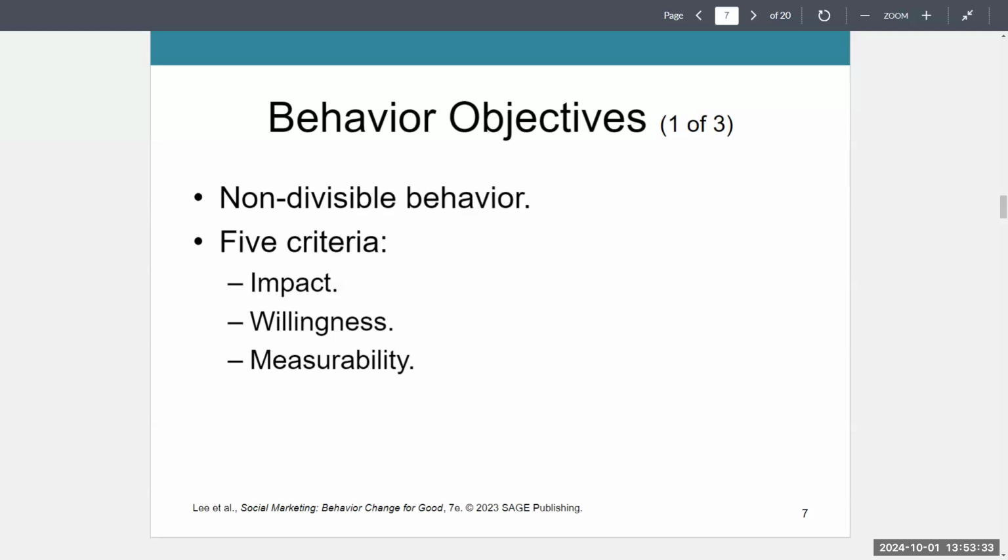Willingness is your target audience's willingness to actually have that change. How likely are they to want to change? Because you can't change someone's behavior based on what you want. You can only change someone's behavior if they choose to change that behavior. Same thing with relationships. If someone tells you, I'm going to change for you, well, resentment might set in afterwards.